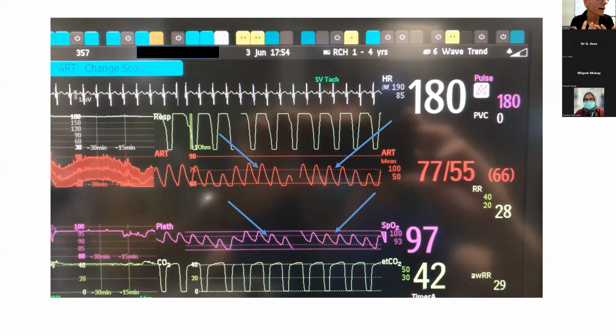And when we normally expire, do we get this fluctuation? No, we don't. Why is that? Very good. Because if you've got normal lungs, when you're expiring, you're not increasing your intrathoracic pressure. It's just normal elastic recoil of the lungs. But remember what I said early on, when you've got a child who's got wheeze and expiratory airflow obstruction, what do they have to do to breathe out?